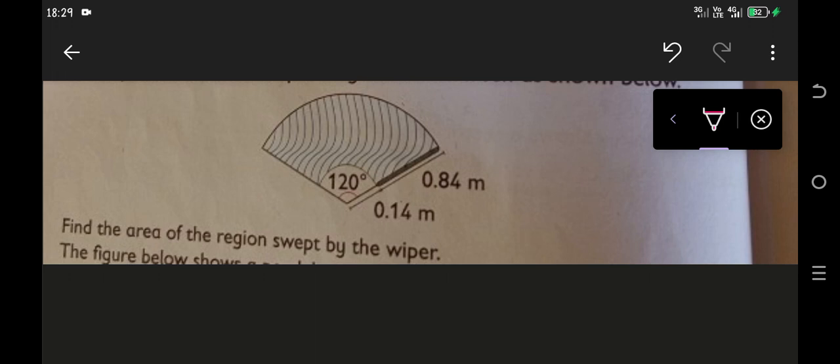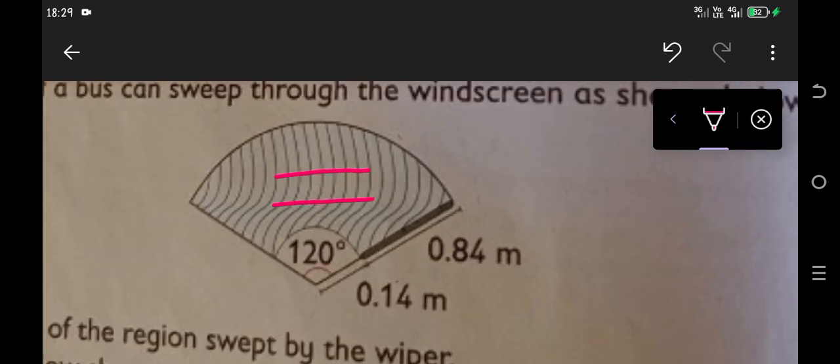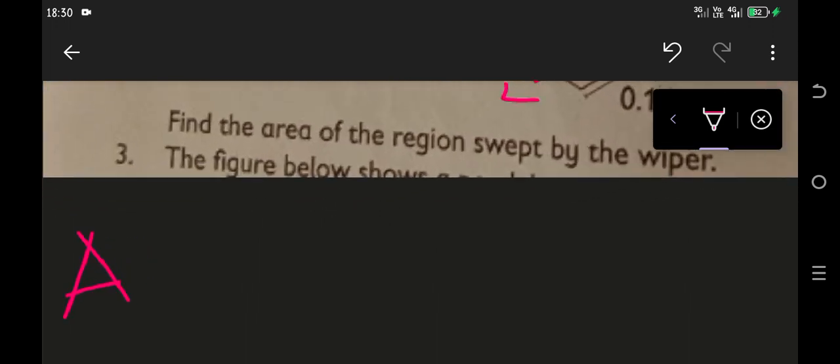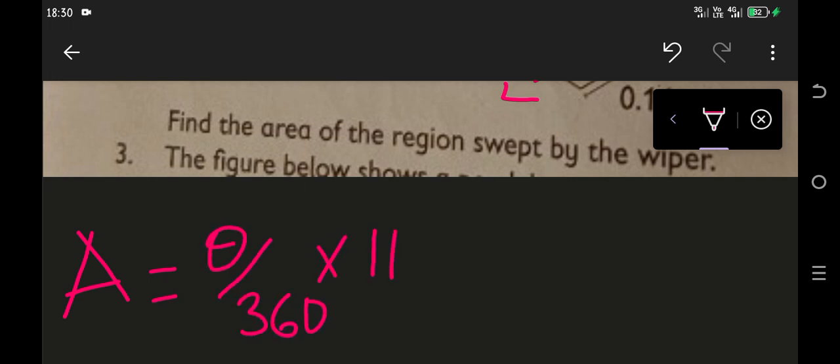So we are looking for this region. That is the area that we're looking for. Remember, we are supposed to leave out this part. Now, this is how you are going to calculate that area. We know that area of a sector is equal to theta over 360 times pi r squared.